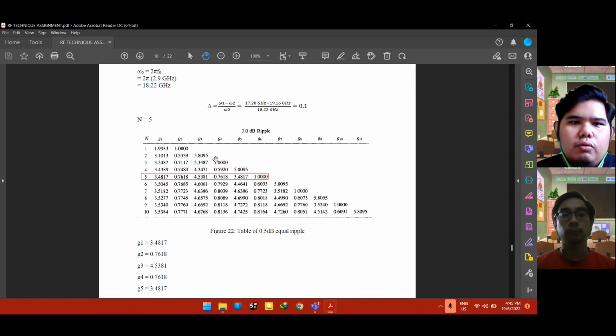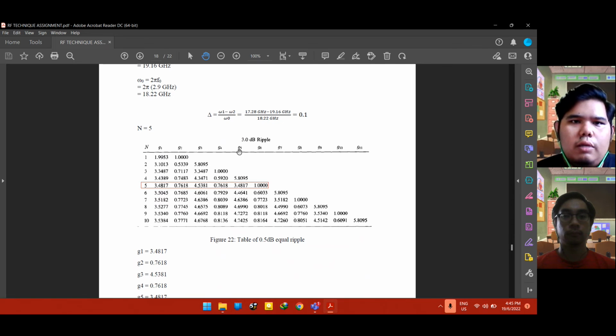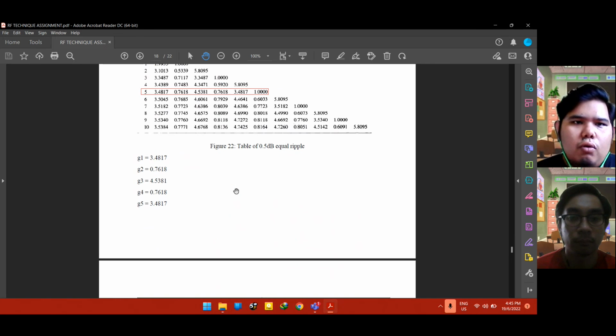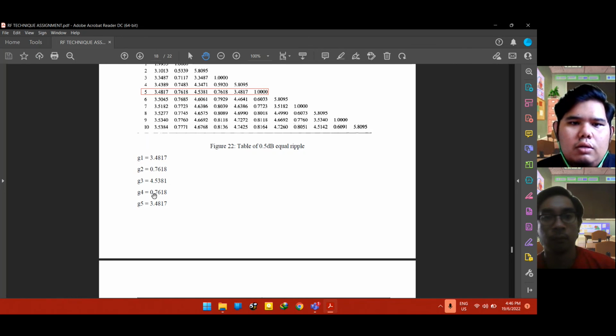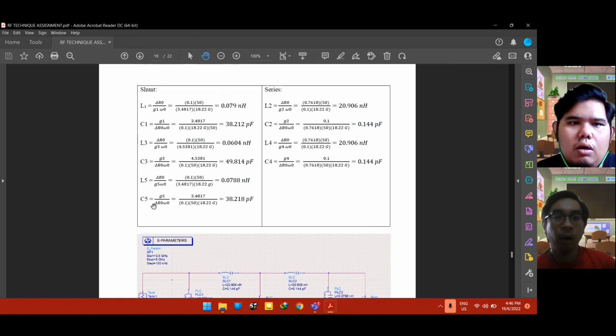So here we refer to the table for 3 dB ripple, and for n equals 5 here are the values for G, but I will take only until G5. So the values for G1 until G5 are 3.4817, 0.7618, and so on.